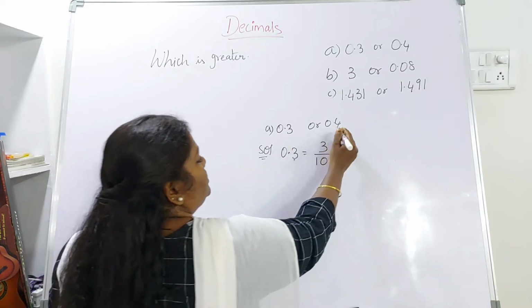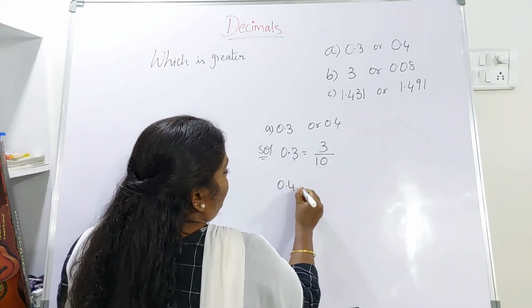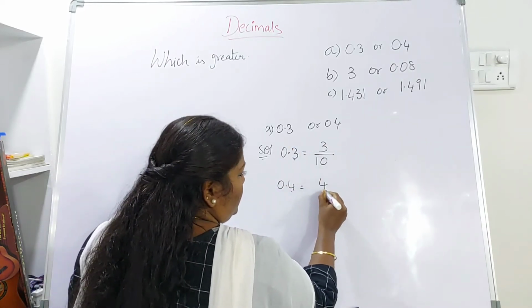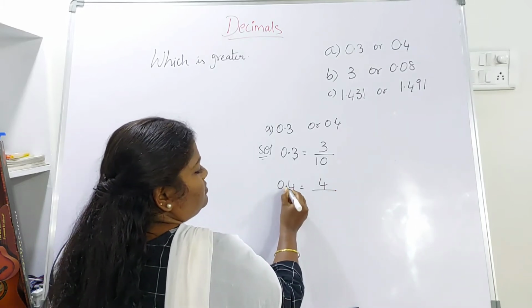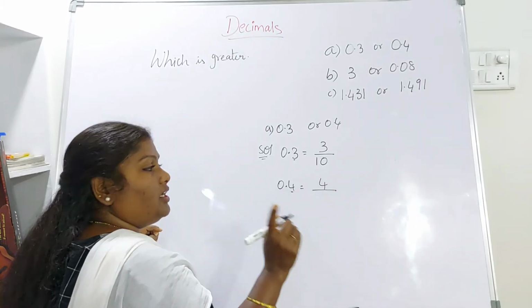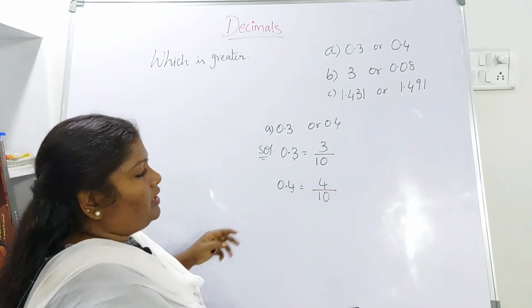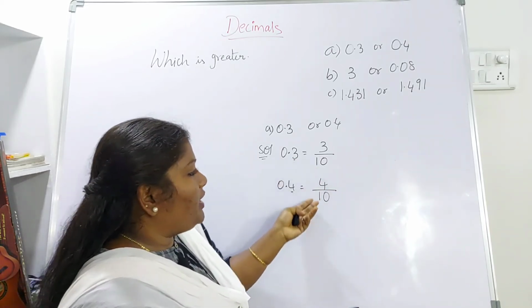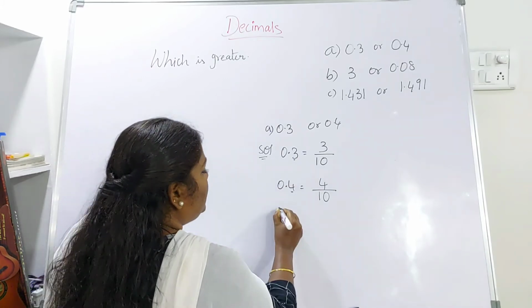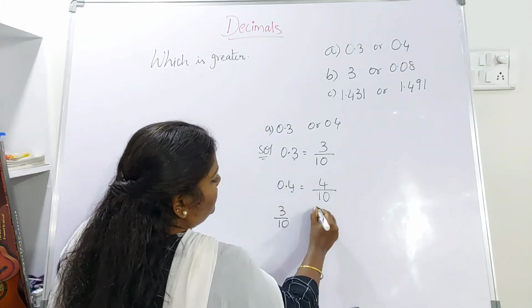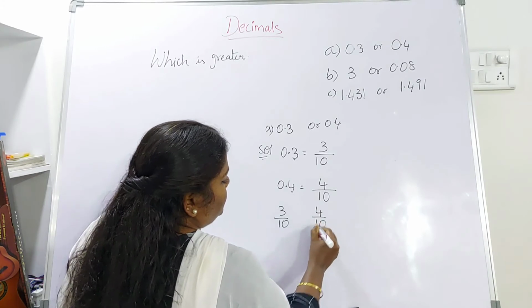Yes, so next write 0.4 as a fraction. So write 4 in the numerator. After the decimal point you have only one digit, so this can be written as 4 by 10. Yes, so now you need to compare these two fractions, whether 3 by 10 is greater or 4 by 10.